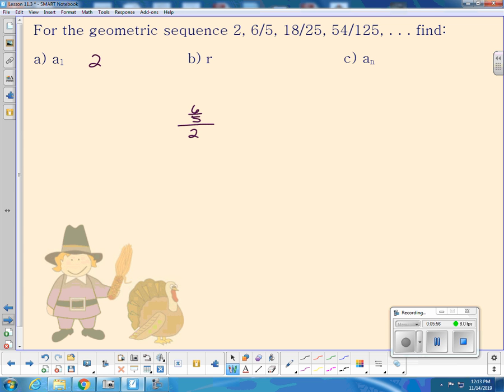So if I multiply by that reciprocal, I get 6 over 10, which is 3 over 5. So the sequence is the first term times the ratio to the n minus 1. That's it. Very easy to write.